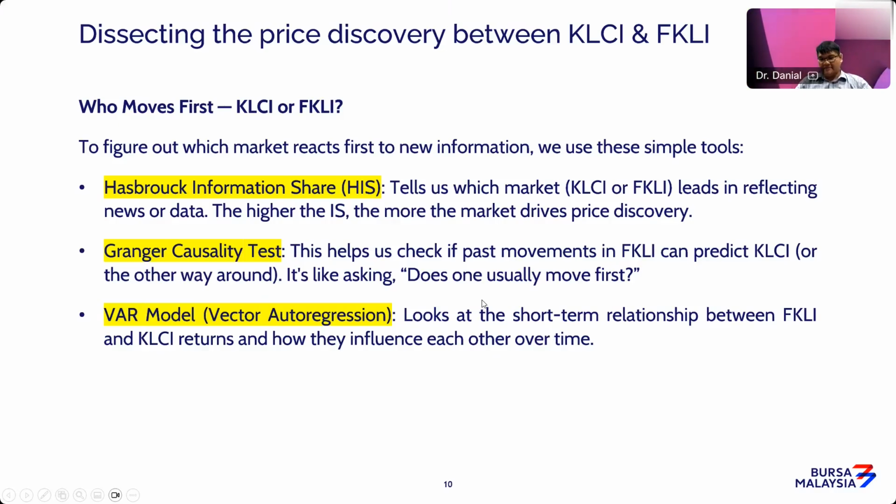But the general assumption, our default hypothesis, is that KLCI futures is the price discovery tool. The price discovery tool means if you want to know what would be the FBM KLCI 2 months from now, 1 month from now, we will refer to KLCI futures, probably the April contract, May contract. So that's basically what our price discovery tool meant.